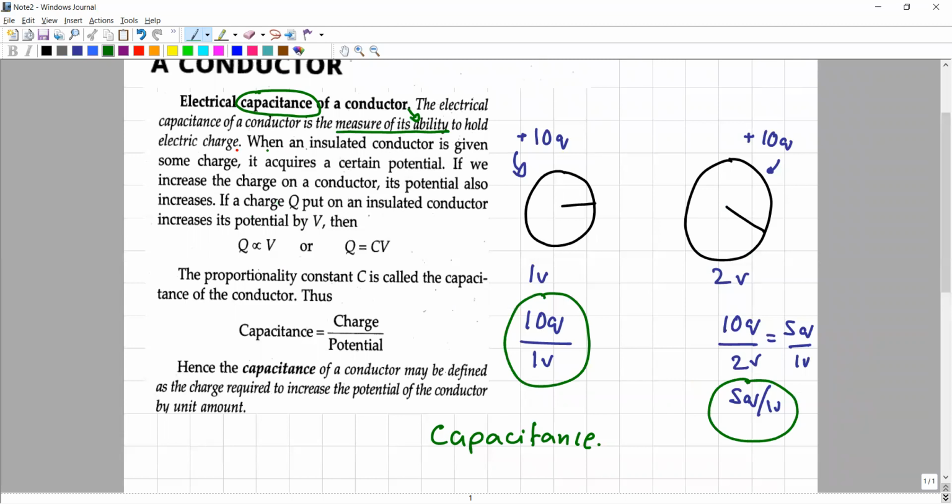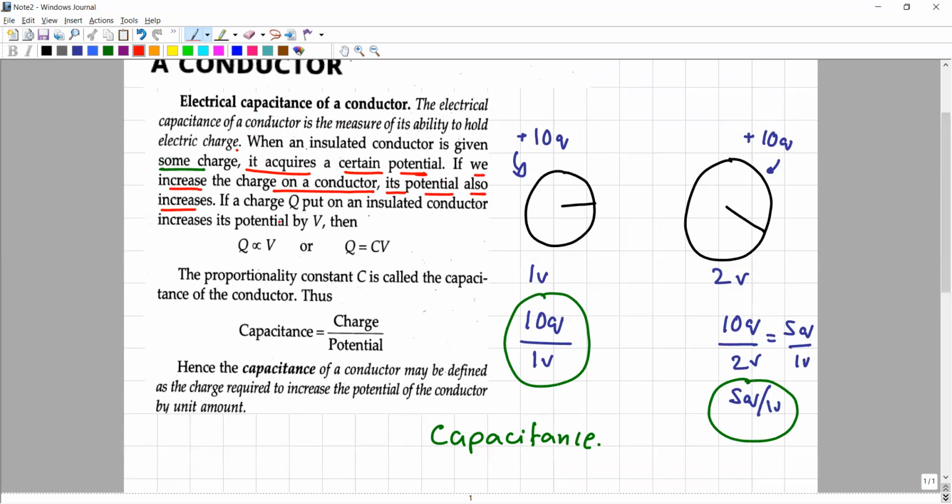Now let's read some theory here. When an insulated conductor is given some charge, why is the word insulated here? So that this conductor is insulated. When you give the charge to the conductor, it will not flow anywhere. That is why the word insulated is here. It acquires a certain potential, and if we increase the charge on the conductor, its potential also increases.